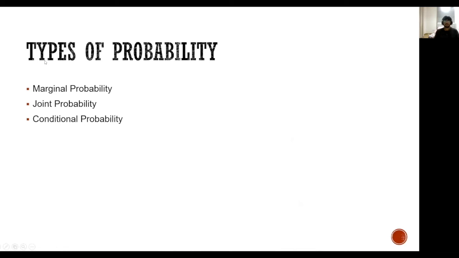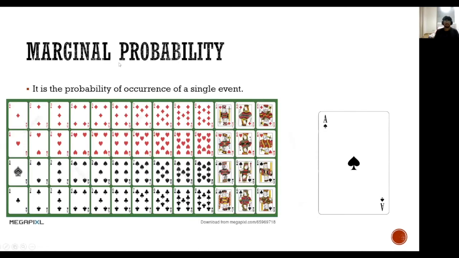Let's go on over to types of probability. There's marginal probability, there's joint probability, and there's conditional probability. Let's start with marginal probability first. It is basically the probability of occurrence of a single event.